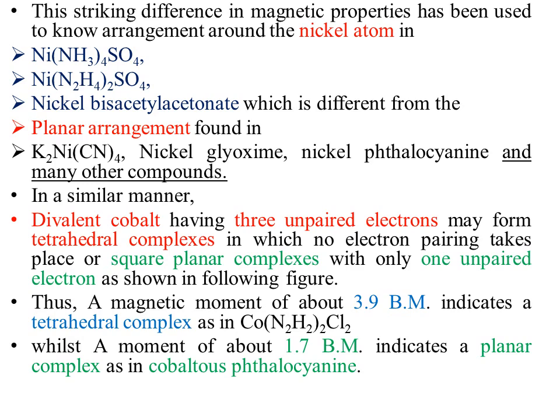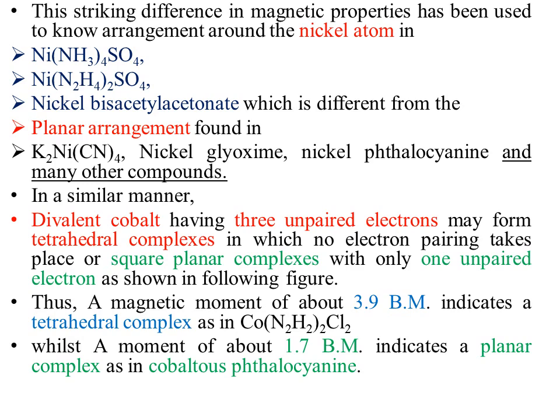In a similar manner, divalent cobalt having three unpaired electrons may form tetrahedral complexes in which no electron pairing takes place, or in contrast, it can form square planar complexes with only one unpaired electron, as presented in the next slide.